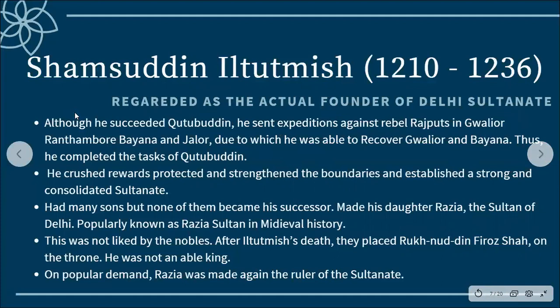You might be wondering why, right? Because although he came after Kutubuddin, he sent expeditions against rebel Rajputs of Gwalior, Ranthambore, Bayana, Jalore, right? And he even recovered Gwalior and Bayana.